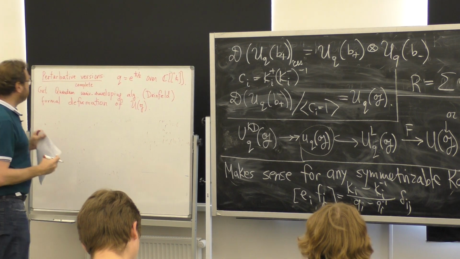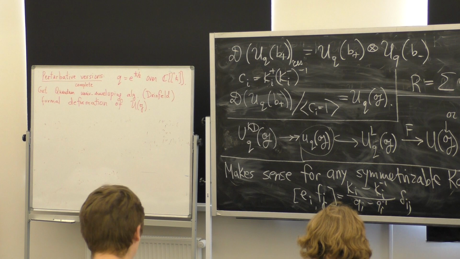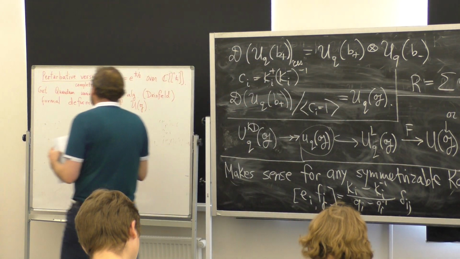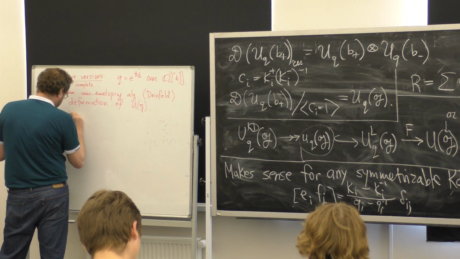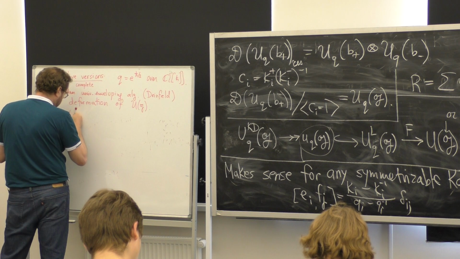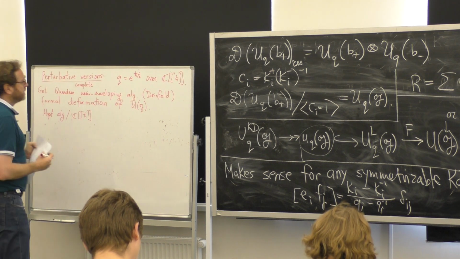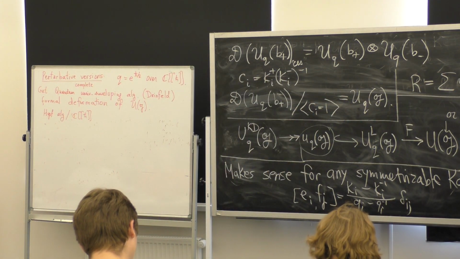Actually, that it is a flat deformation is a non-trivial statement which goes under the name of the Poincaré-Birkhoff-Witt theorem for quantum groups. So this just means that you get a Hopf algebra over formal power series in h bar, in the topological sense, because this is a topological ring, so everything is complete with respect to the h-adic topology.